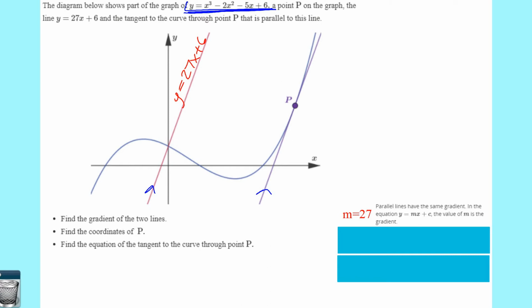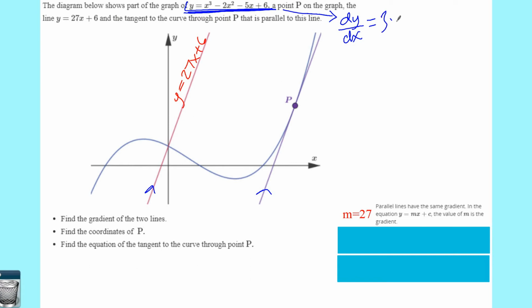So let's do that. Our gradient must be the same, so let's look at our other equation. What is the derivative of that equation? Let's keep the terminology the same, dy over dx.